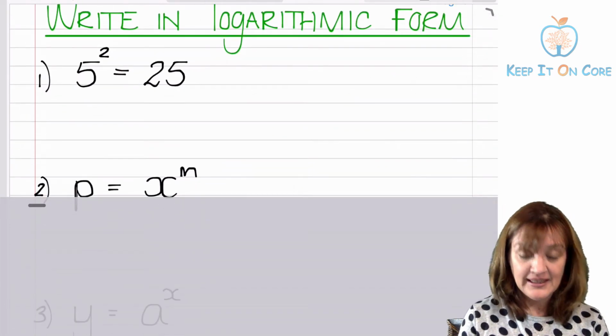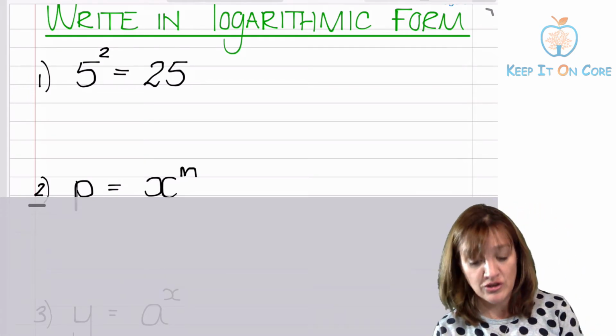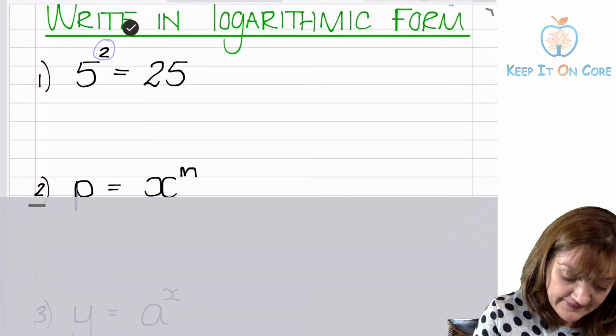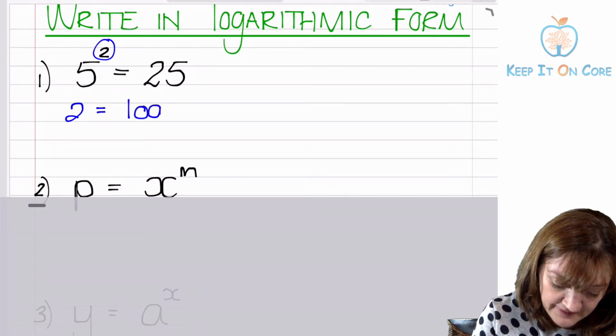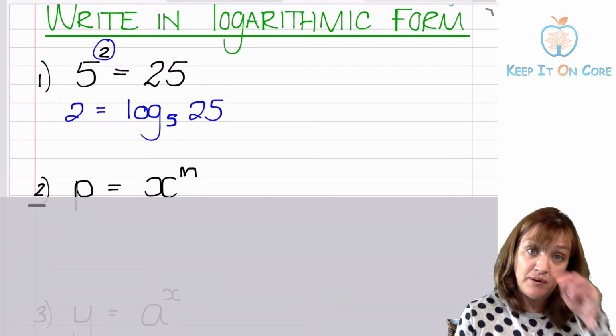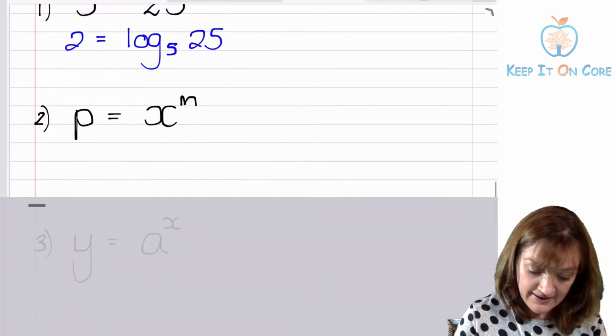Let's quickly practice it the other way around, from exponential to log. Here we go. The exponent is 2, which is equal to log. The base of the exponent was 5, and the power is 25. Happy with that?